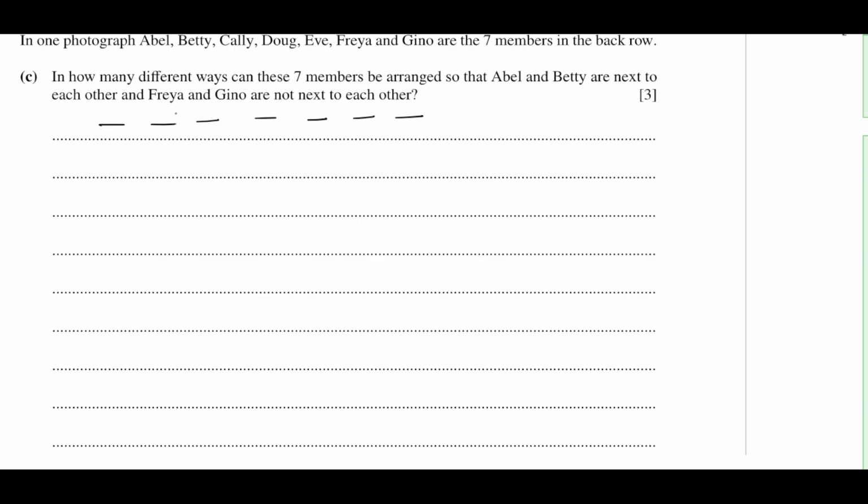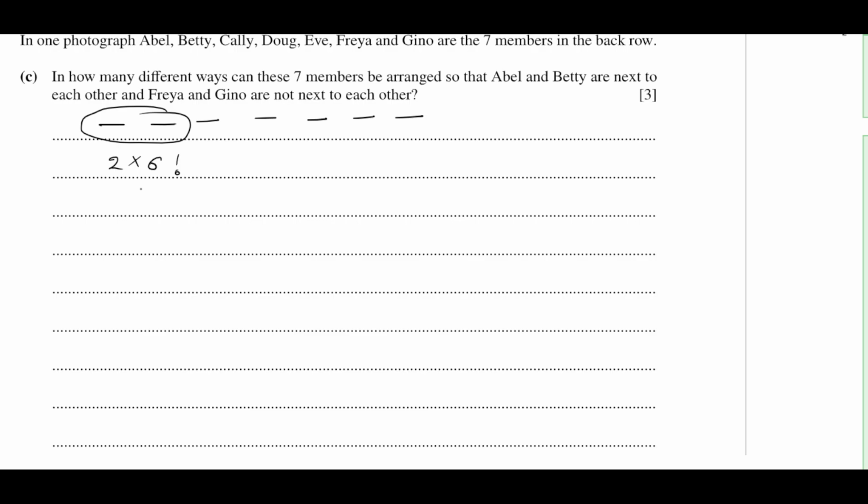If I consider them as one, practically I have 6 positions to arrange, and that can be done in 6 factorial ways. After arranging them, Abel and Betty can also interchange their positions, so I will multiply by 2. So 2 into 6 factorial.